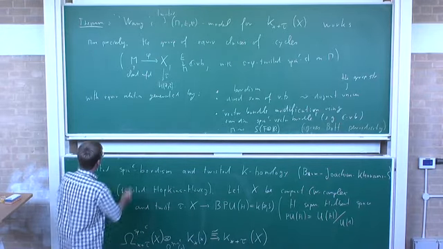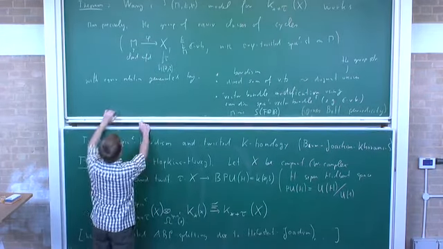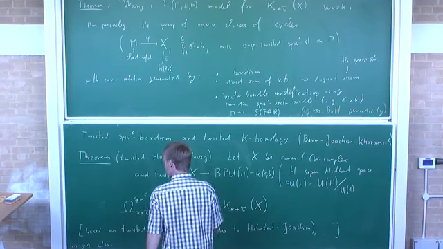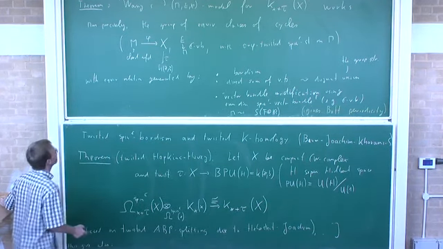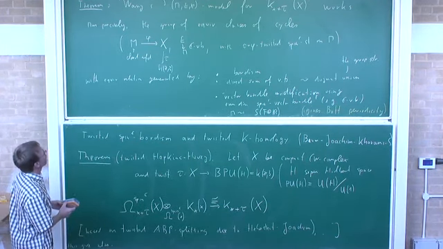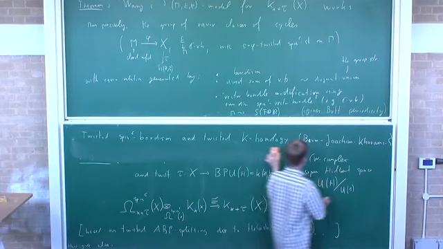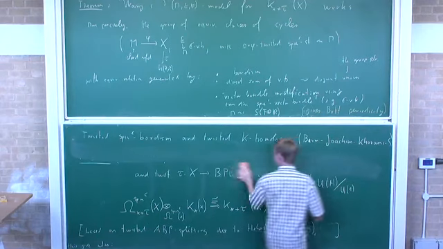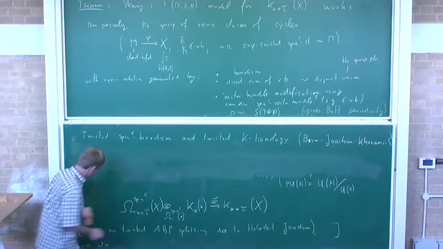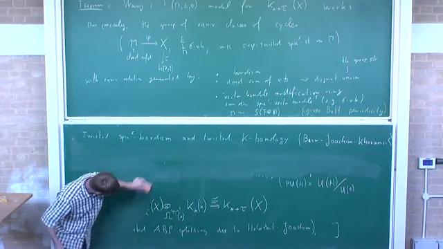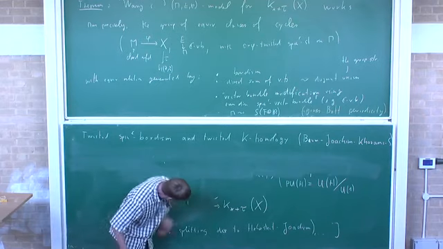Okay, here are the theorems, and we're still owing you something. I'm owing you all about this twisted K-homology, twisted spin C structures. Now let's maybe step back quite a bit.